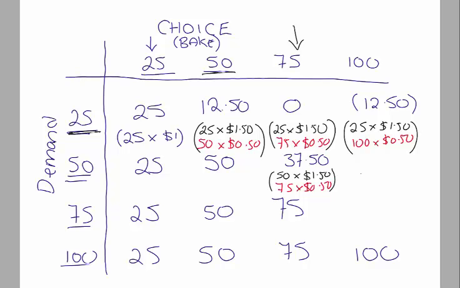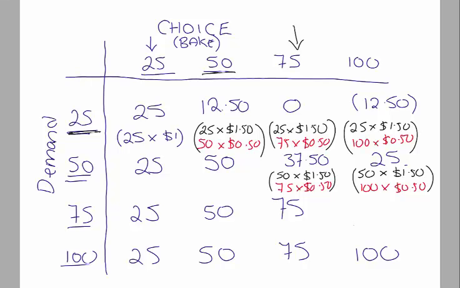Moving across to the last column, if you had produced 100 and demand was 50, you would still sell 50 at 1.50, which is 75, but your variable costs are now going to be 100 times 50 cents, which is 50, and as a result of that we would end up making a profit of 25.